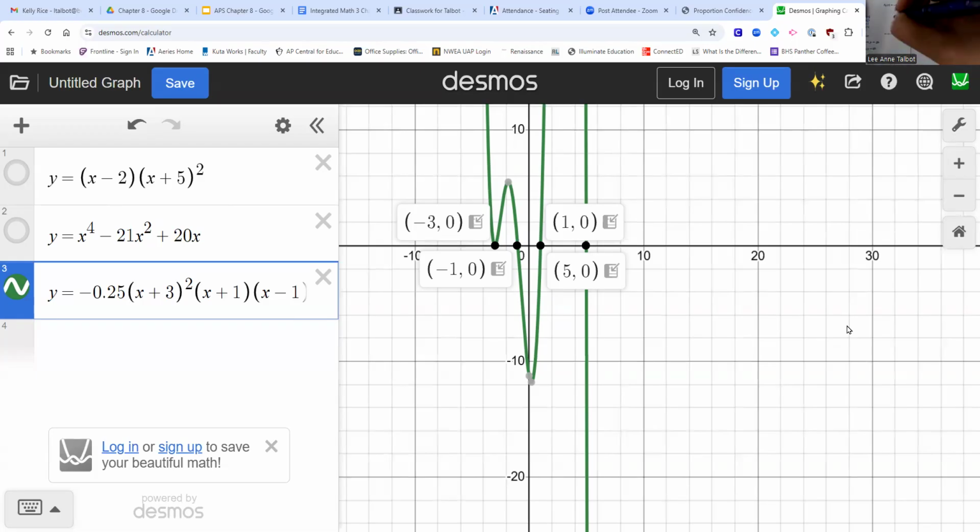Okay, so it comes down and bounces at -3. That's not shocking. That's what a double root does. Goes up a little bit, then comes down a little bit steeper, then goes up a lot, and then comes back down through 5.